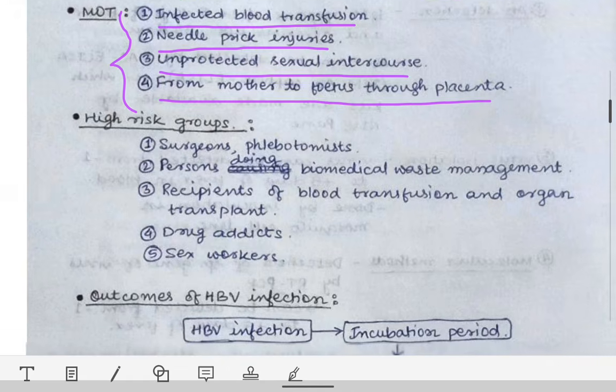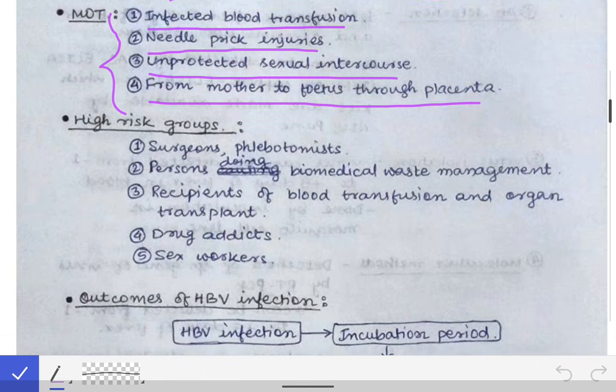Based on this mechanism of transmission, the most important groups at higher risk of getting this infection are, number one, the surgeons. Why? Because they have to perform surgical procedures on every patient who is in need, irrespective of whether the patient has hepatitis B or any blood-borne disease.